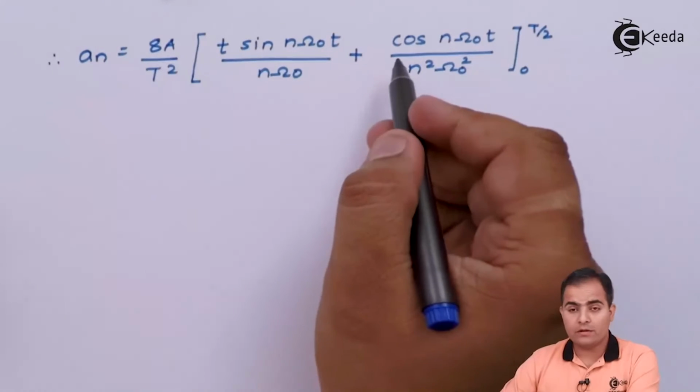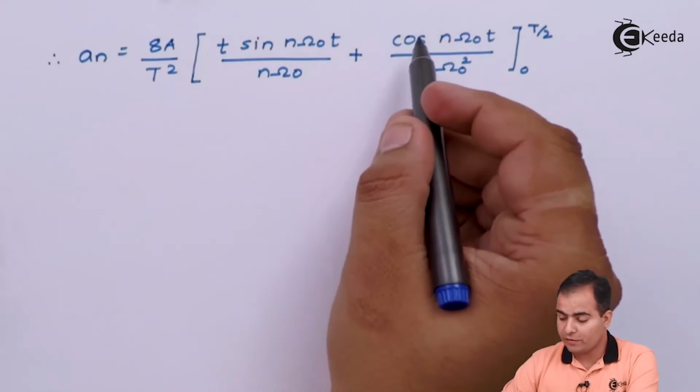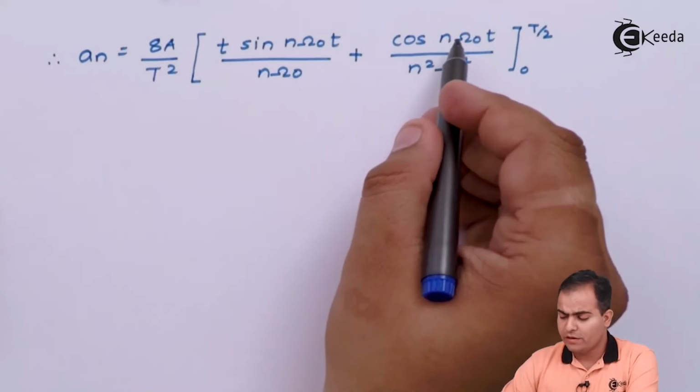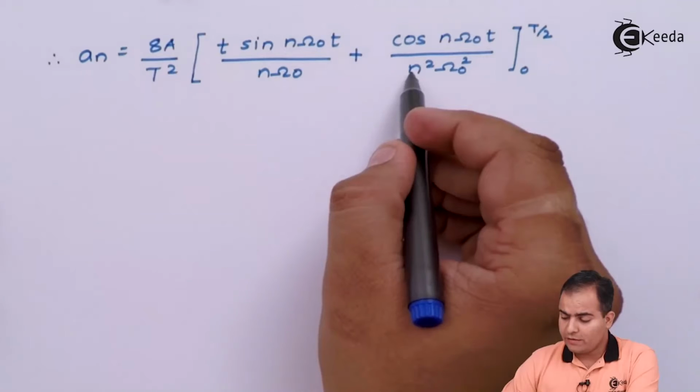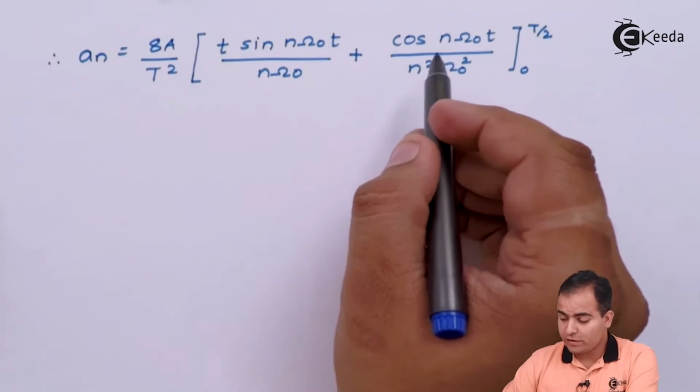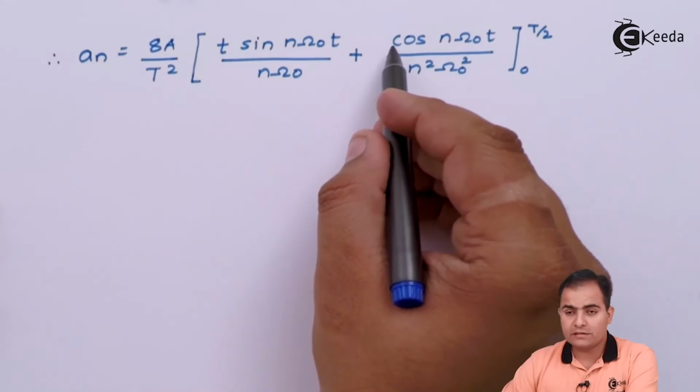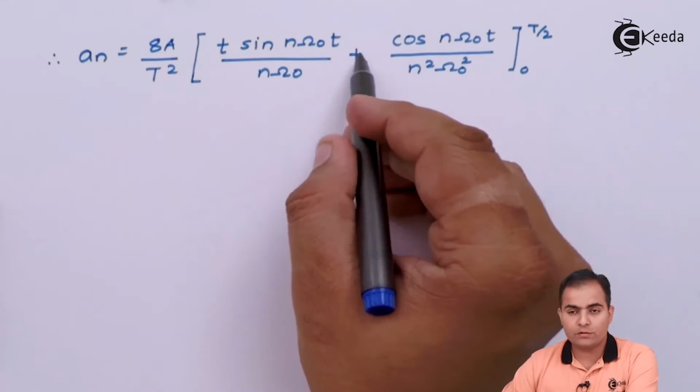So I have substituted all the values of integration of sine n omega naught t, which is minus cos n omega naught t upon n omega naught. So n omega naught into n omega naught is n square into omega naught square, and the integration is minus cos, so minus minus sign changes to plus.